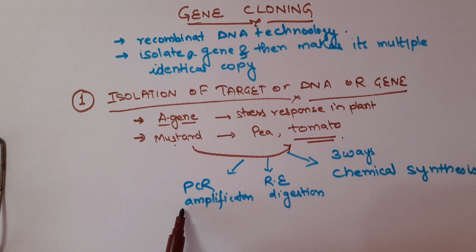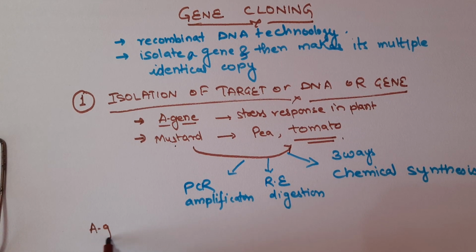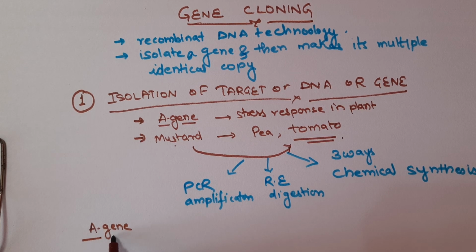So let's talk about PCR amplification. If I know the sequence of this A gene which we are talking about, suppose this is the start of the gene and it ends with the stop codon. Now there are other nucleotides also.